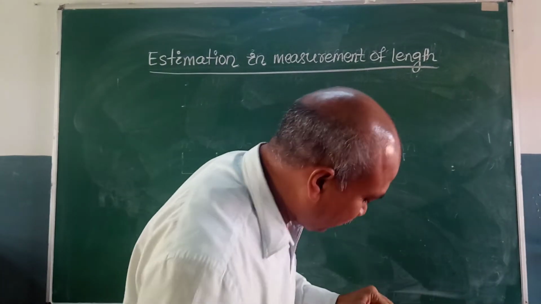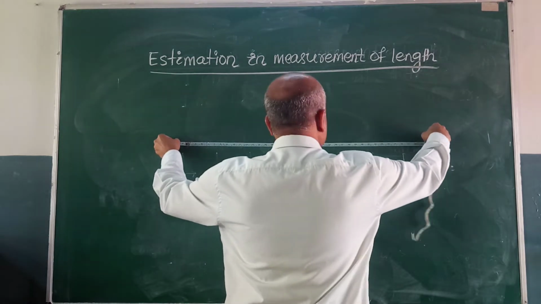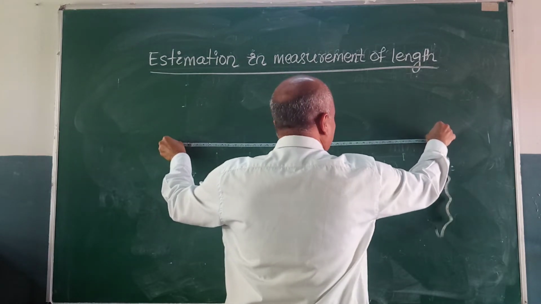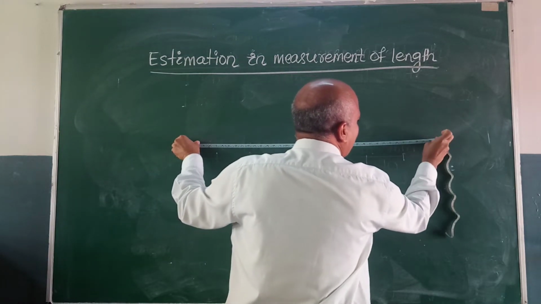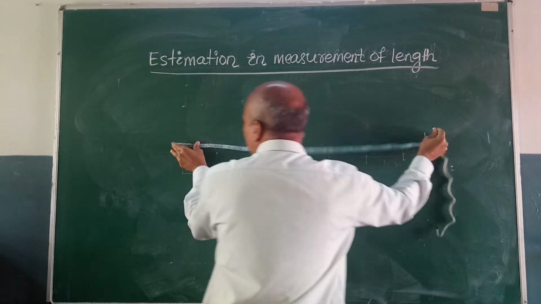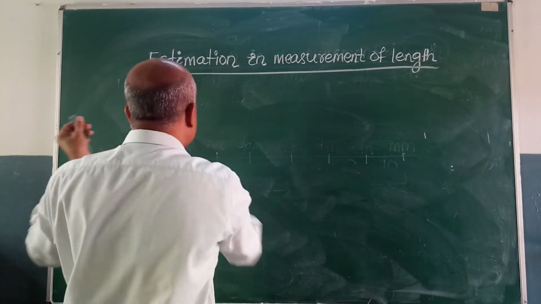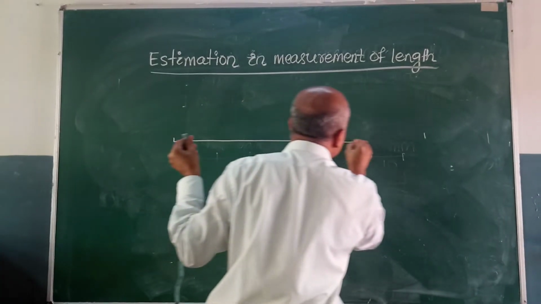Look in the blackboard, let me mark this length. Okay, so here I will mark 1 point, and at 100 I will mark here. So the distance between this is 1 meter.